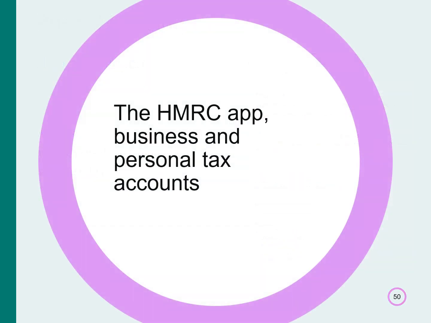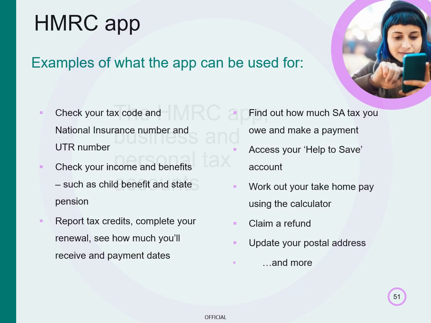Here's some information about our app and the business and personal tax accounts. If you haven't already downloaded the HMRC app onto a mobile device, here's several good reasons why you should do it straight away. Here are a few examples of what the app can be used for. Your tax code, national insurance number, and your unique taxpayer reference, UTR, for self-assessment.